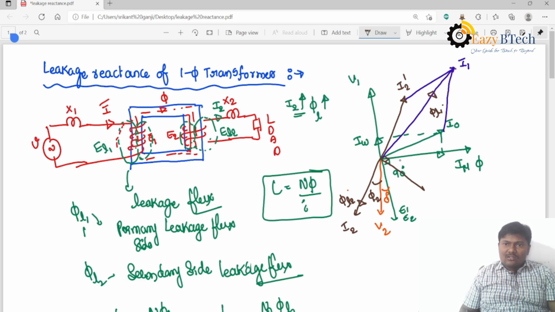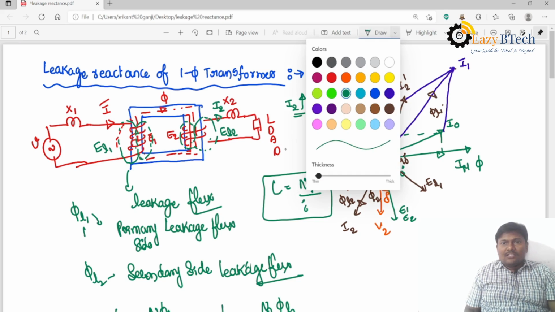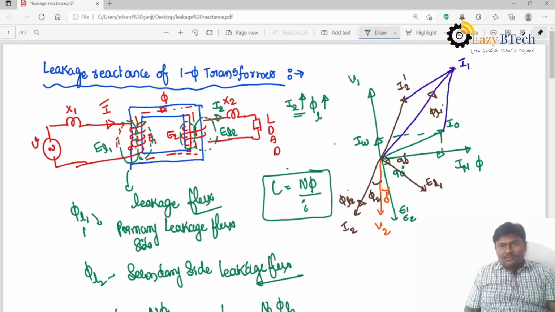This one is called EL1, and it is exactly 90 degrees to I1. And here also, if you observe, with respect to phi L2, the EMF is 90 degrees. This is called EL2.